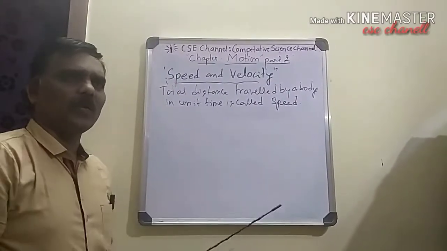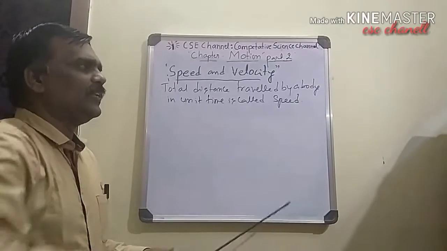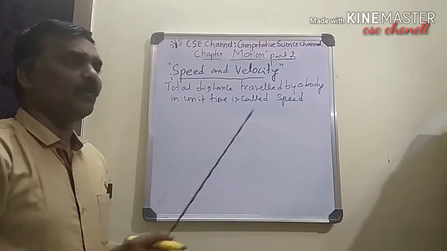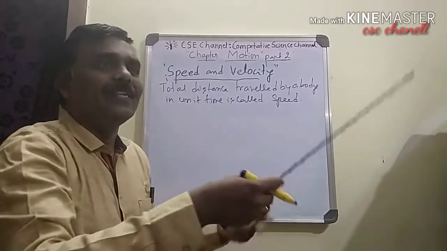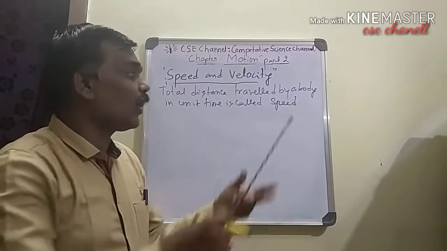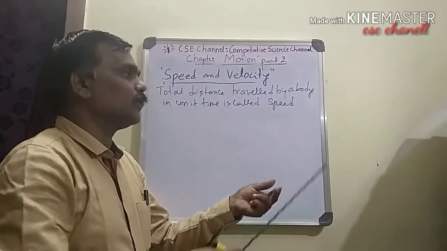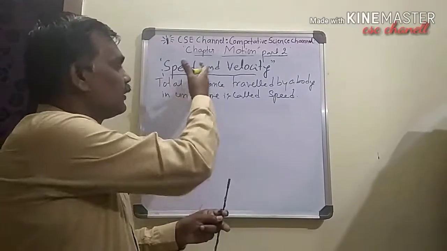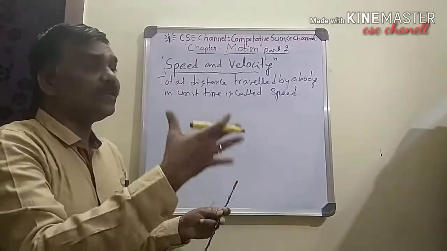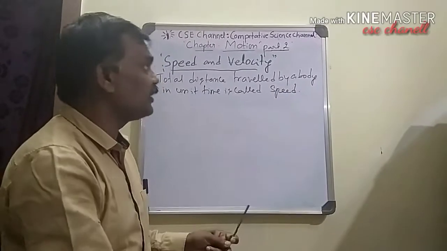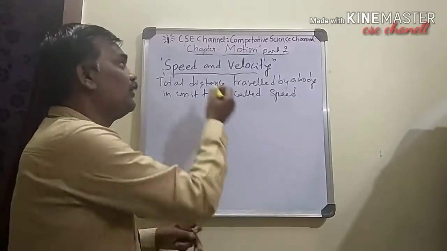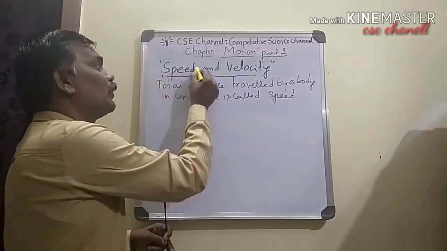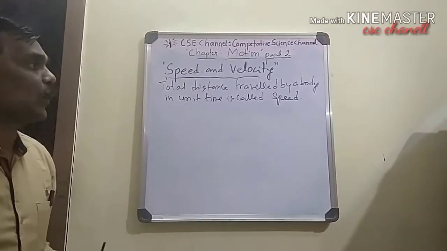Example, many times we talk about vehicles. It is 60 kilometers, or 50 kilometers travelled per hour, or 20 meters per second. We are telling the distance in the speed, but we are not mentioning the direction. Hence, only magnitude is shown, so it is called a scalar quantity.